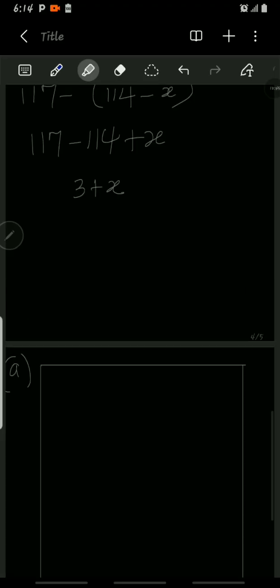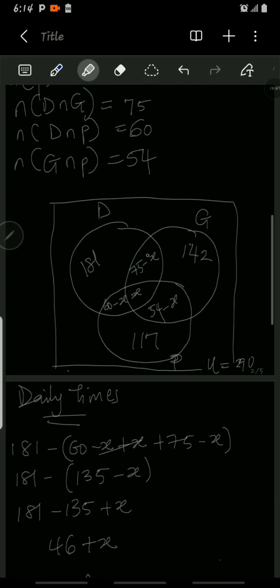Okay, so the universal here is giving us 290. Basically I'm going to copy what is here, but I'm not going to use these values again. Just watch.